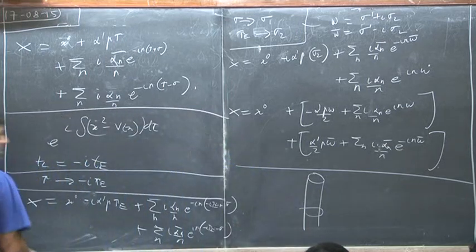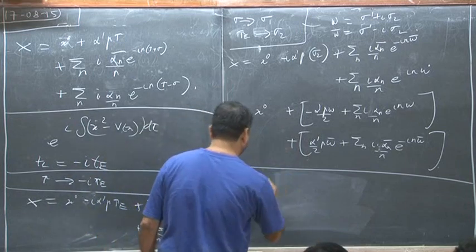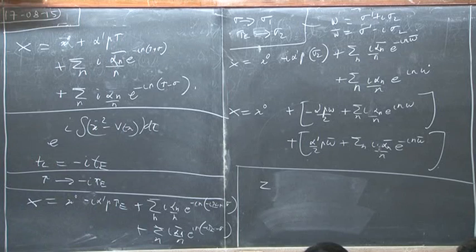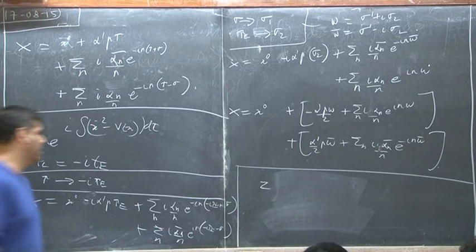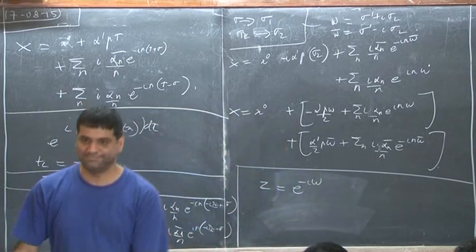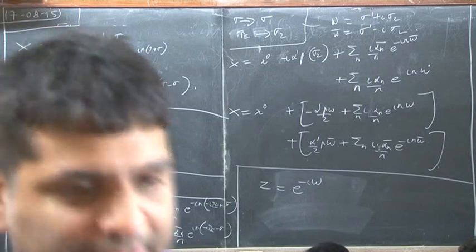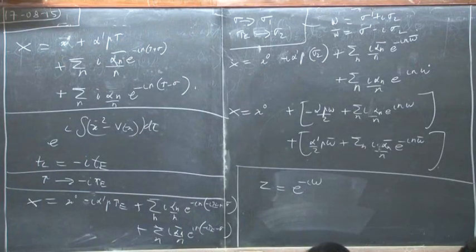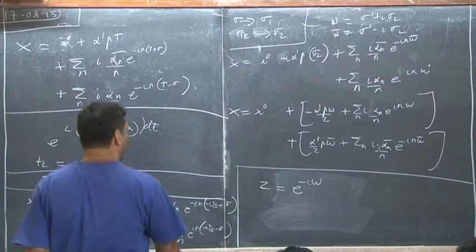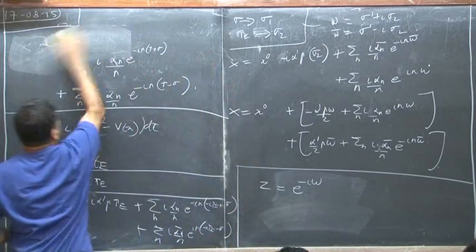Now, consider the following analytic transformation: Z is equal to e to the power minus I W. Under this analytic transformation, how does this field look?